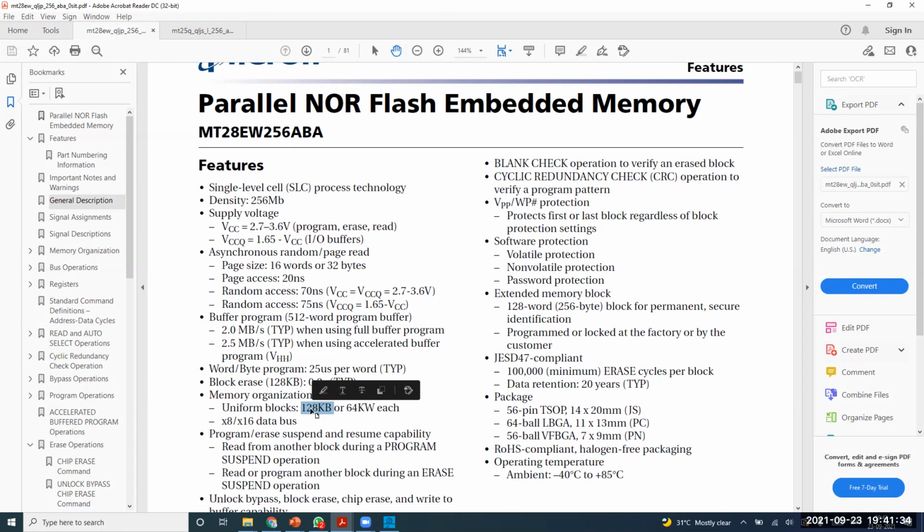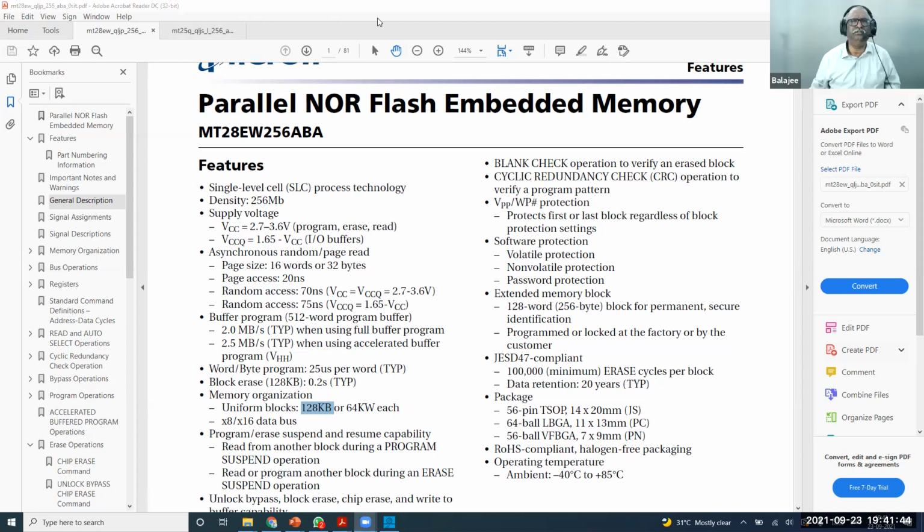Now, in total, how many blocks are there? 128K means how much?